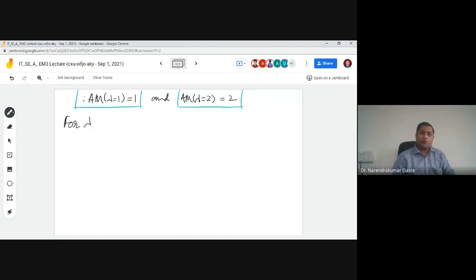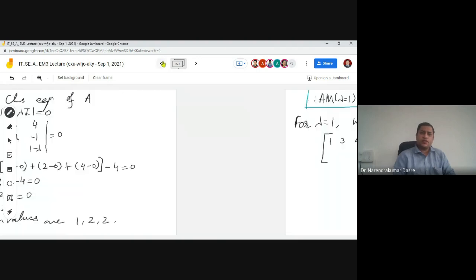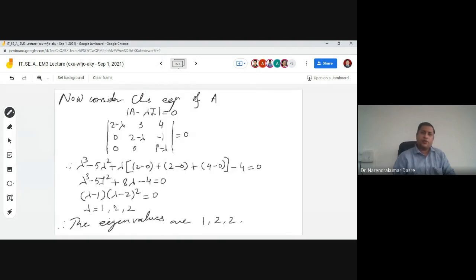So for lambda equal to 1, what we have is (A minus lambda I) x is equal to 0. Okay, so this is the system of linear equations that we have to solve. And here lambda is going to be 1. You can see this matrix. So here I am going to put the value of lambda as 1 now.